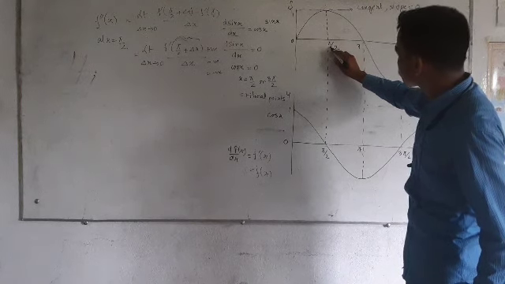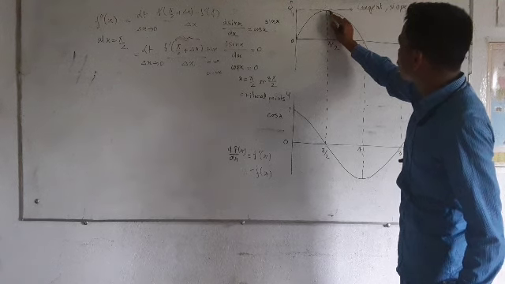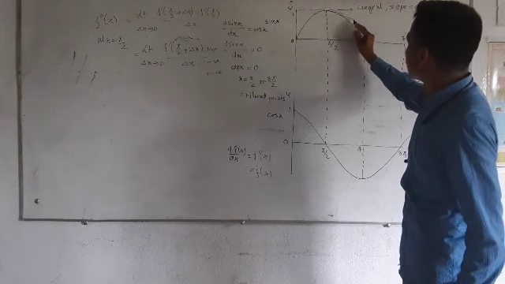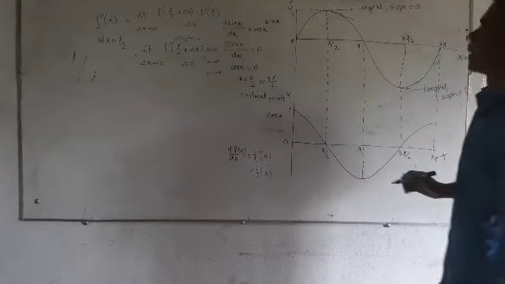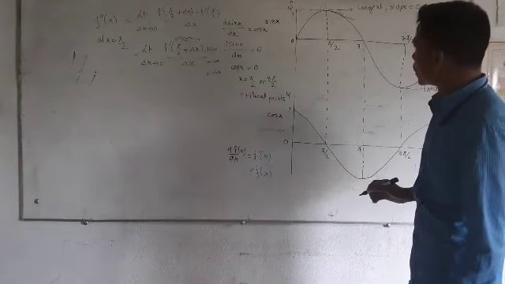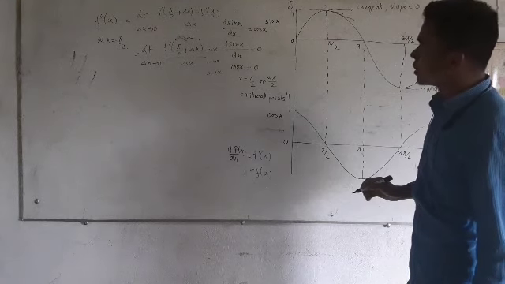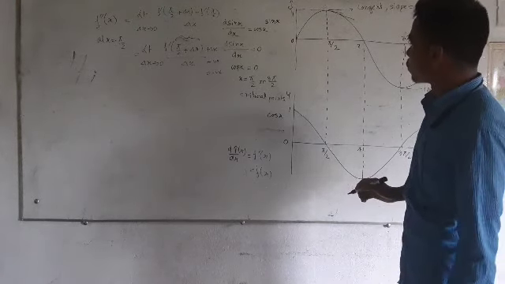Therefore, these slopes will be like this, and as they make negative angles with the positive x-axis, they will give negative slope.